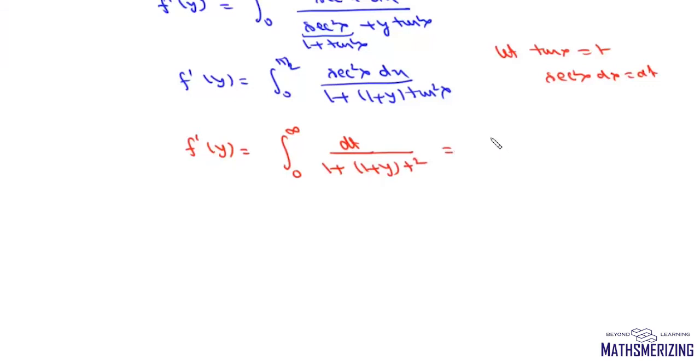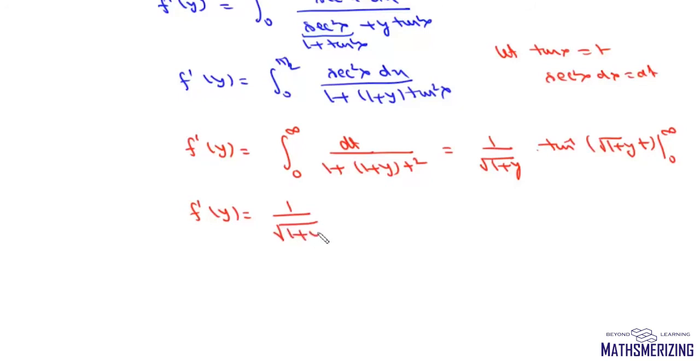We'll get 1 upon under root (1 plus y) into tan inverse of (under root (1 plus y) into t) from 0 to infinity. So f dash y will be 1 upon under root (1 plus y), and if we put t as infinite, it will be tan inverse infinite, which is pi by 2, minus tan inverse 0, which is 0. So we'll write this as pi by 2 and then (1 plus y) to the power minus 1 by 2.